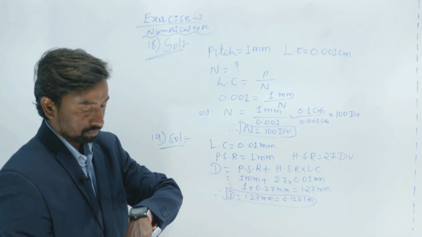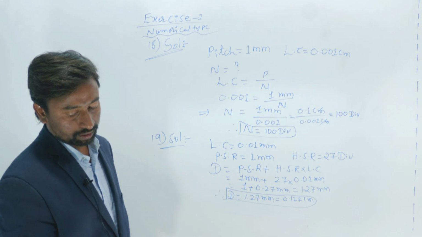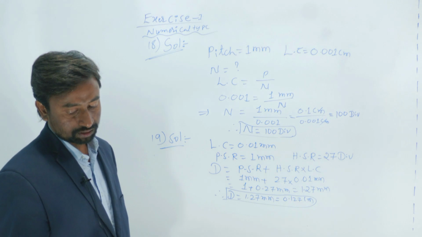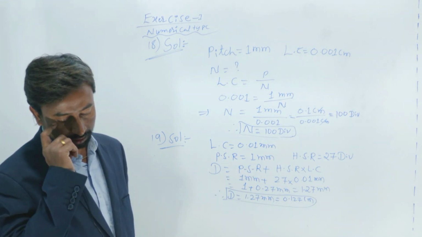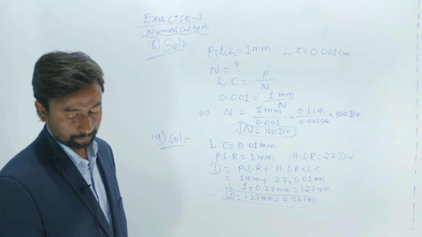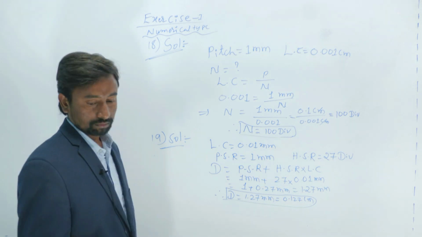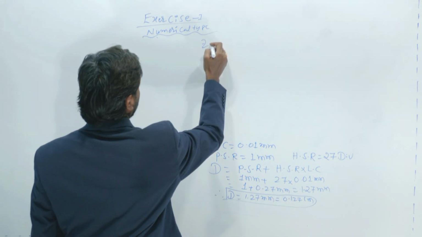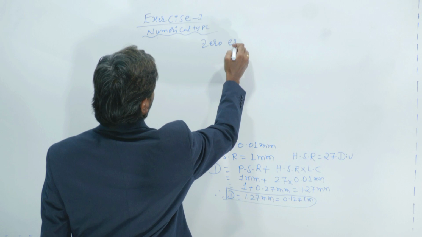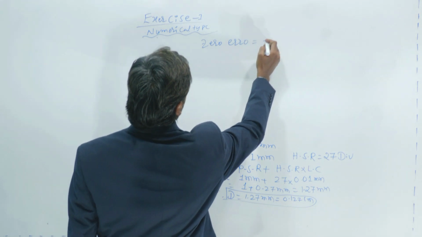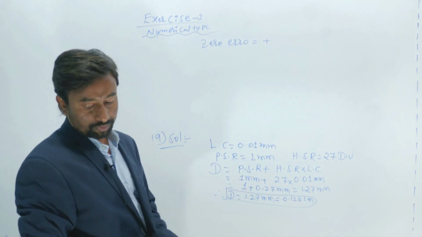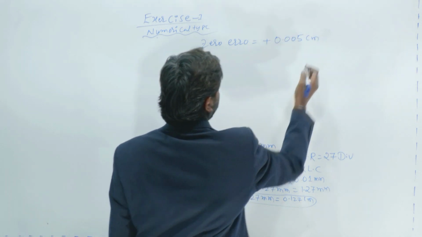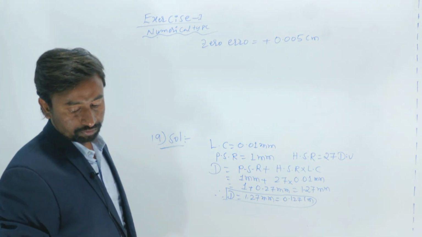20th problem. From the above data, if the zero error is plus 0.005 centimeter, then the correct diameter of the wire is. Here a zero error is given, positive error, plus 0.005 centimeters.